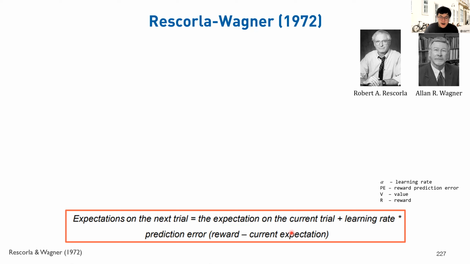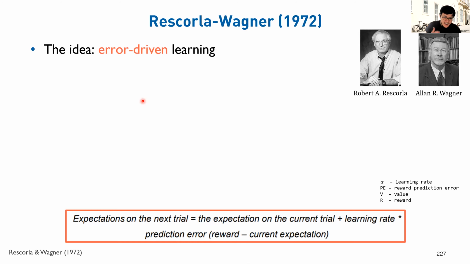And if your outcome is worse than your prediction, that means your prediction is too high. You want to adjust it, you want to decrease your prediction, also with the goal to be closer to the reward. Okay, does that make sense? Kind of? Maybe? I guess? Okay.